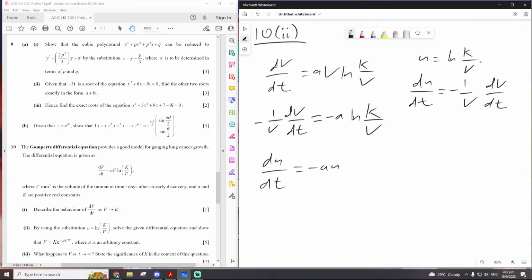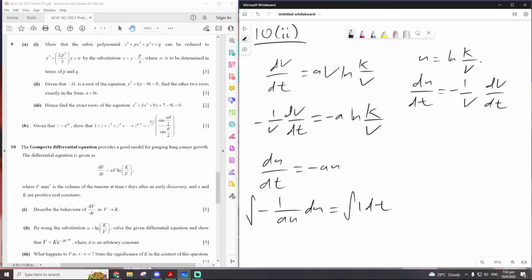This is a very trivial differential equation to solve in terms of u. It's a separable equation. So minus 1 over au du, integrate this, equals integrate 1 dt.